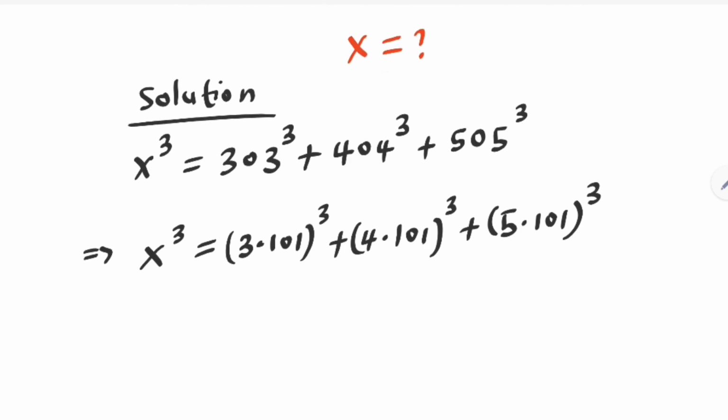Take note of this, that if you have a multiplied by b raised to the power of n, this is equal to a raised to power n multiplied by b raised to power n.